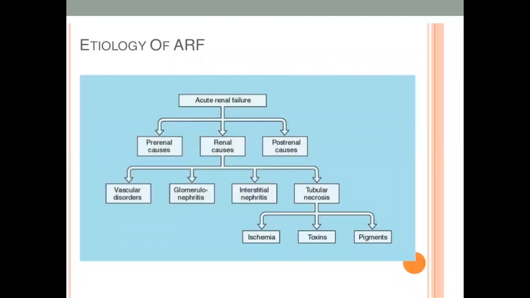Pre-renal causes most of the time are due to hypoperfusion from hypovolemia or hypotension. Renal causes could be due to vascular disorders, glomerulonephritis, interstitial nephritis, or tubular necrosis. And tubular necrosis can actually be from ischemic injuries, toxins, or pigment. Post-renal causes most of the time are obstructive in nature.